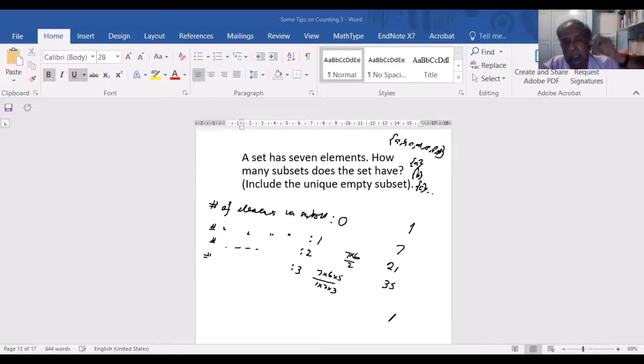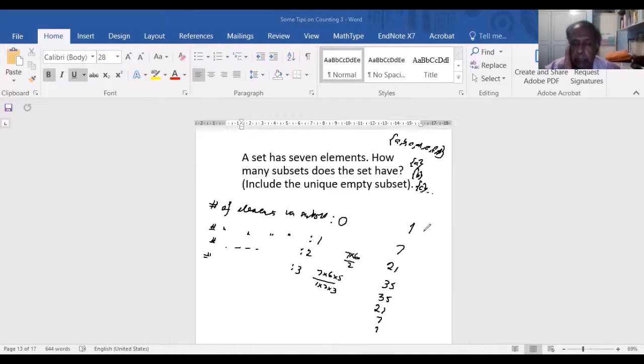So the number of 3-element subsets is the same as the number of 2-element subsets, because there were 5 elements in the set altogether. So here, the number of 4-element subsets, working with 7, will be the same as 35. If you calculate it, you'll see it's like that. And the number of 5-element subsets is 21. 6-element subsets is 7, and the number of 7-element subsets, taking the whole lot, is clearly 1.